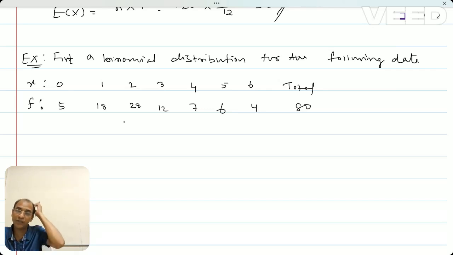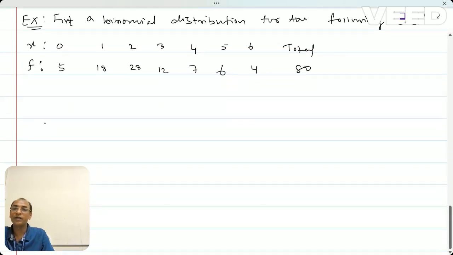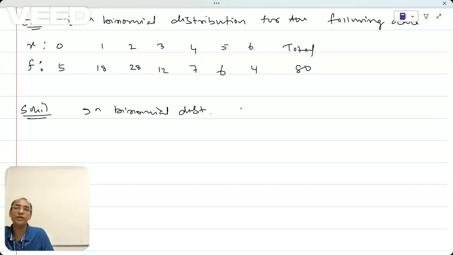In case of binomial distribution, we know that, so let us solve it. In the binomial distribution, what we know is that probability of X equal to x is nCx p to the power x q to the power n minus x.